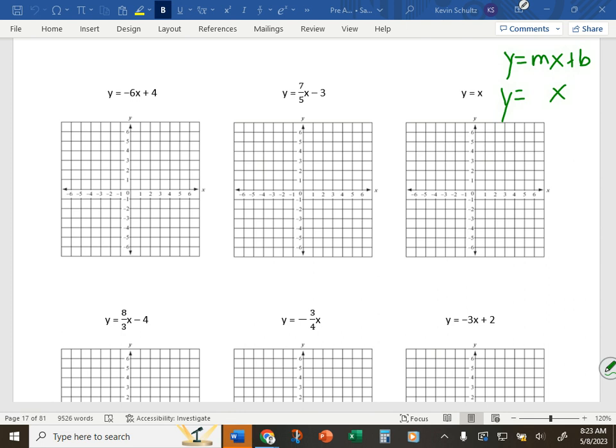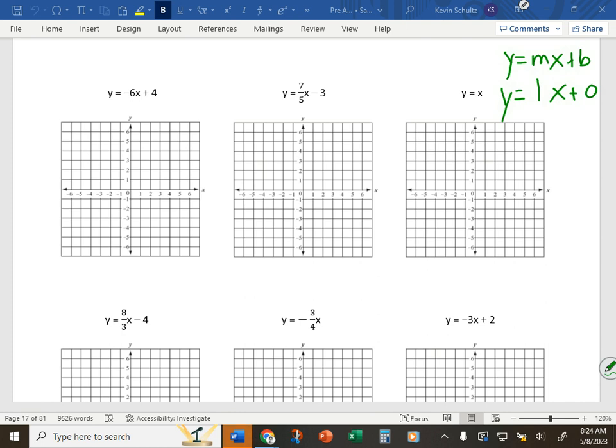If there's no m written, what is it? If there's no m written, there's no number written before x, what is it? 1, because we do have 1x. If there's no b written, nothing's being added to this. What is it? Gregory? 0. Nothing's being added. Well, 0 is nothing.